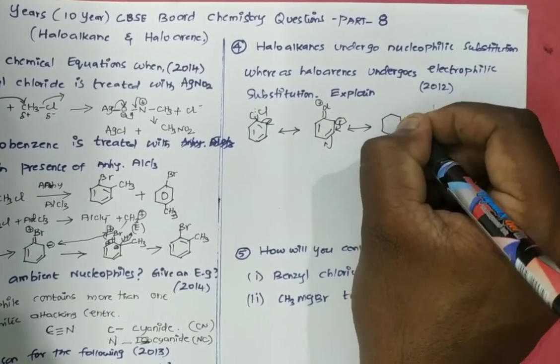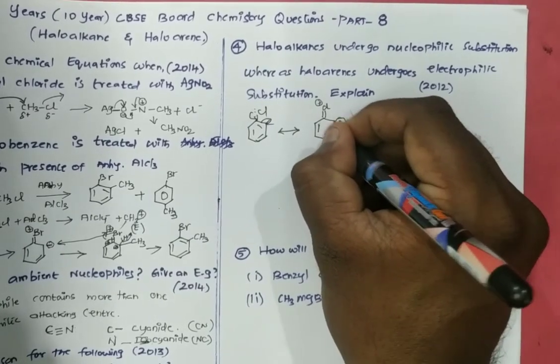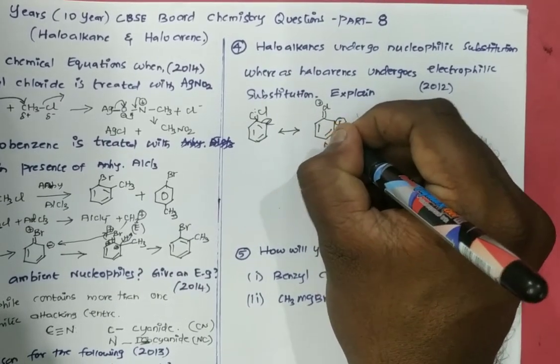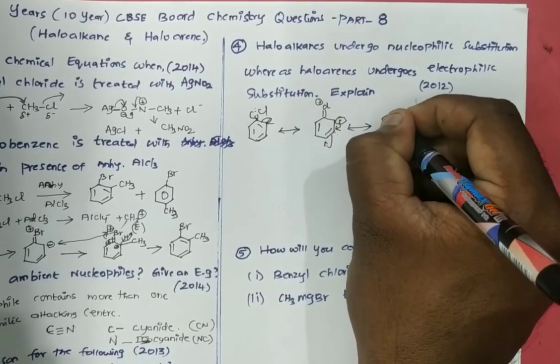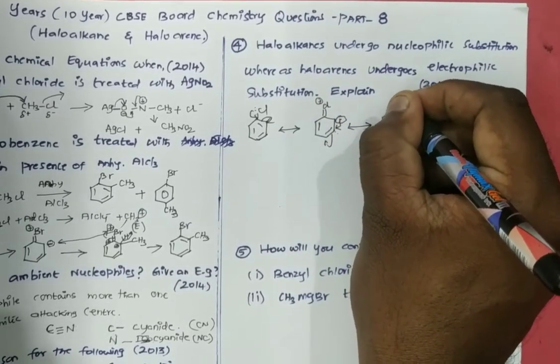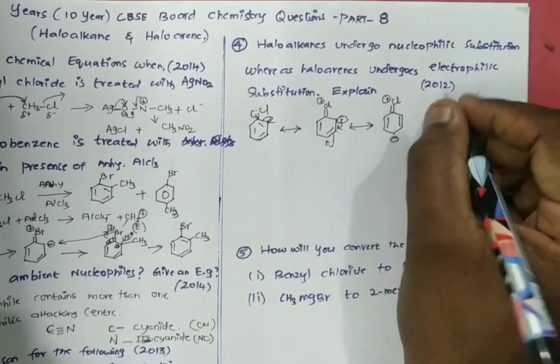This bond breaks, the negative charge moves, and the positive and negative form a double bond, with Cl plus and no change in the rest.